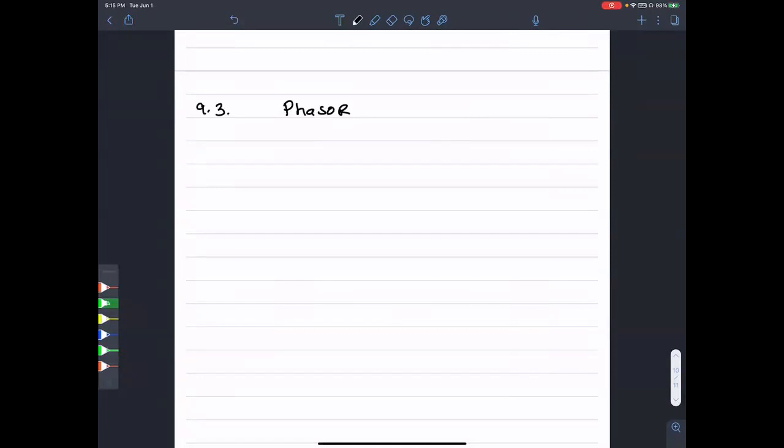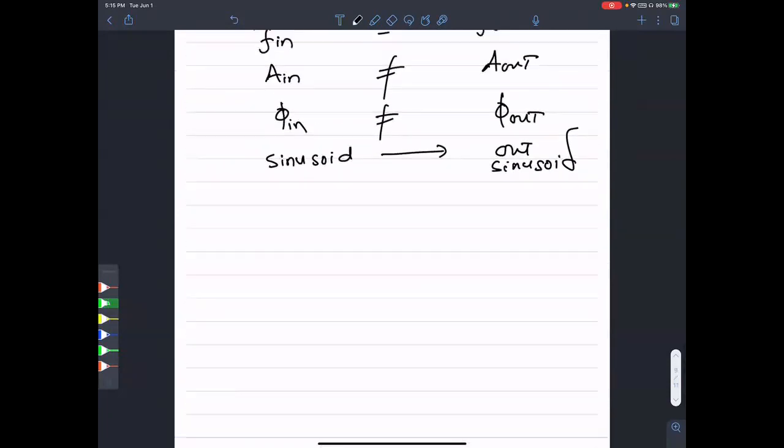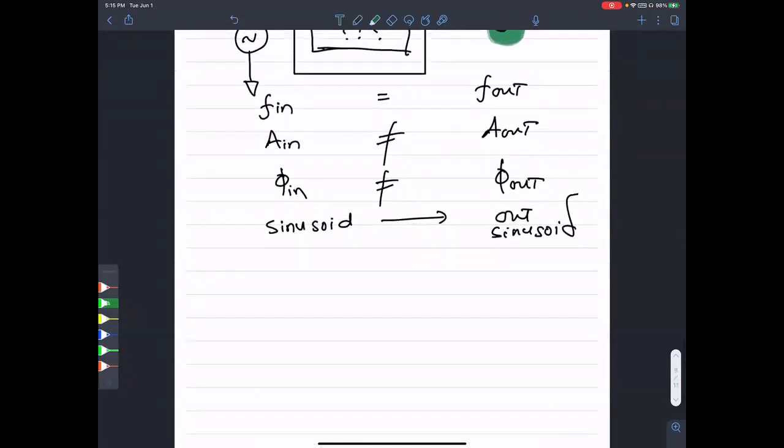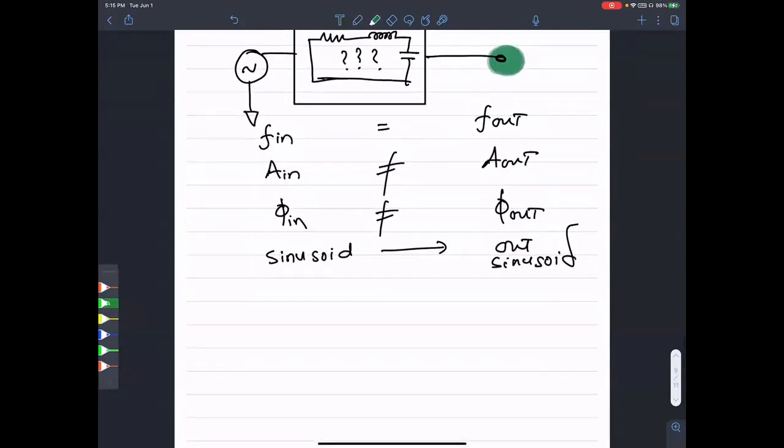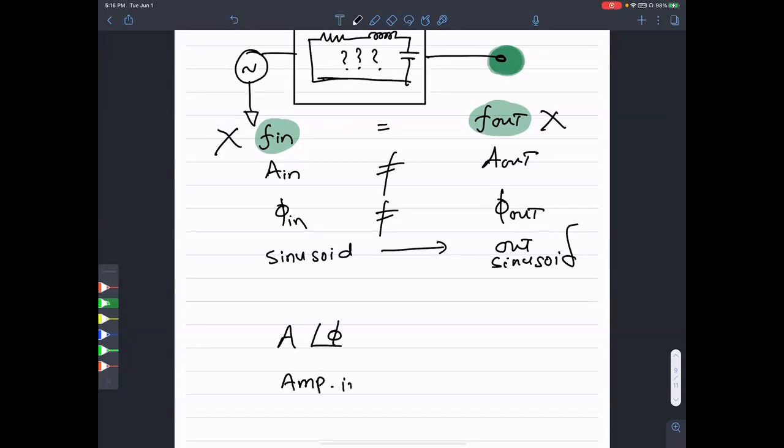I'm going to make an observation here. The input frequency is the same as the output frequency. So there is no need for us to spend a whole lot of time calculating the output frequency because it's going to be the same. So the only things that are going to change are the amplitude and the phase. Amplitude input is not the same as the amplitude output.